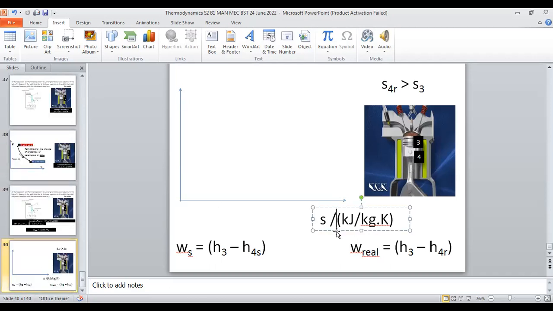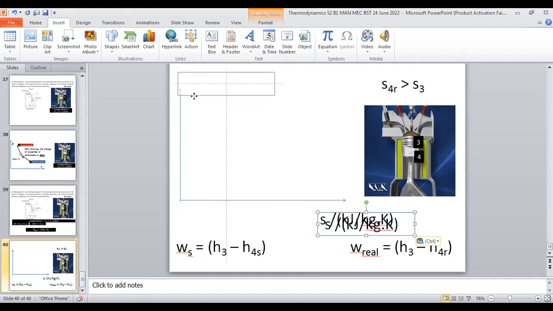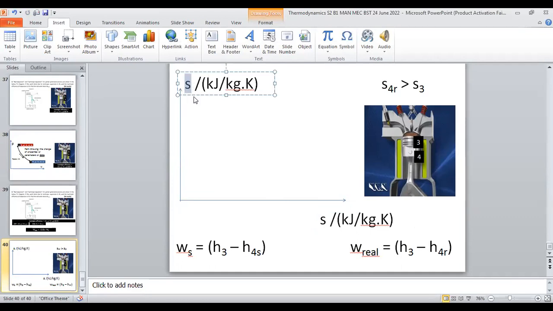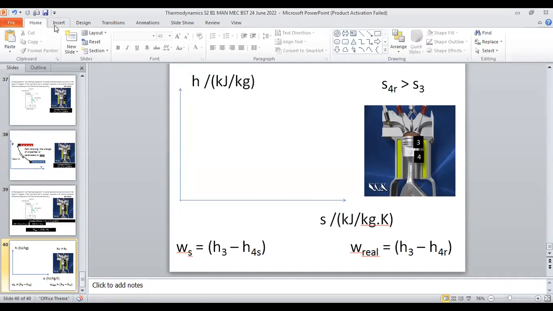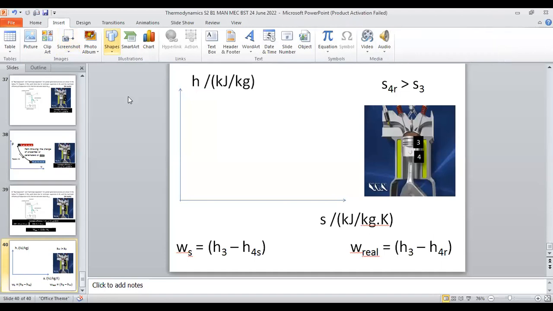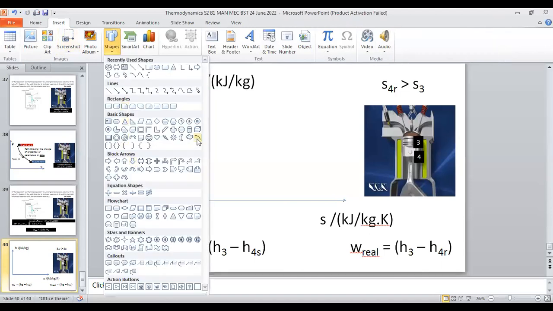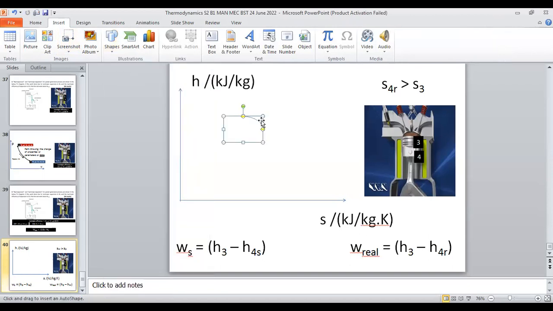So another axis we will take here, enthalpy. Kilojoule per kilogram as the unit. So 3.3 should be known. At the higher pressures, sorry.